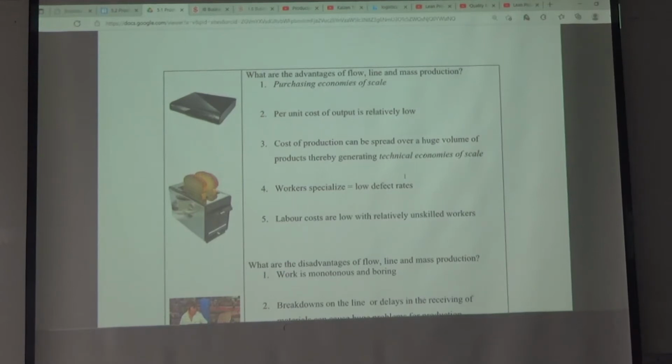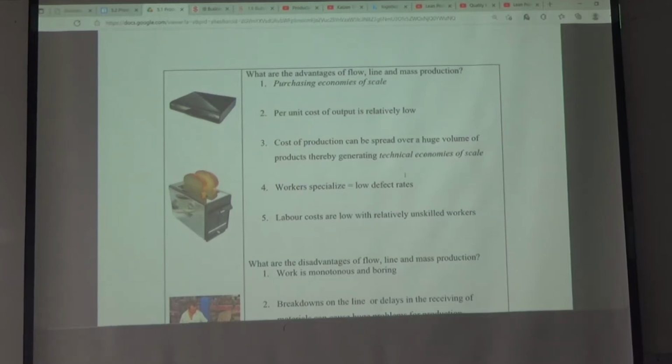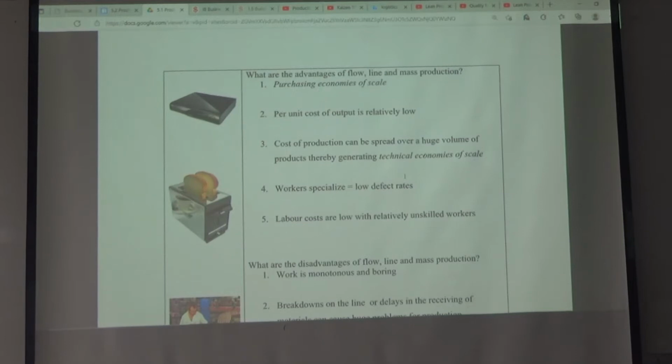Obviously, the biggest advantage is that it just runs and runs and runs. And so the fixed costs drop to zero, and the per unit cost is quite low. The specialization of the workers is very high, if they have any workers at all, and everything's not turned into automated machines.